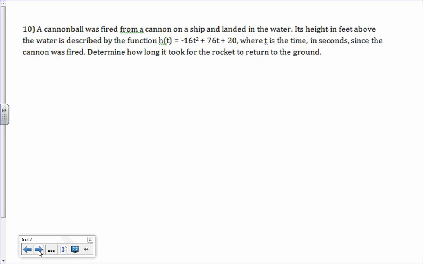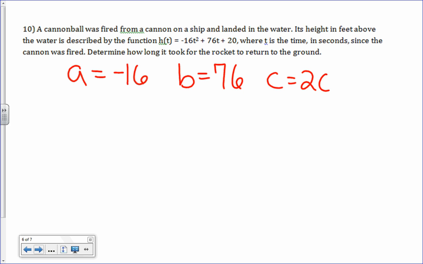Okay, so again, we're going to solve. And to solve, we need to know what A, B, and C are. A is negative 16, B is 76, and C is 20. I can see those from the equation. And then again, I'm looking for time, so it's got to be positive, so I'm going to plug it in my quadratic formula.